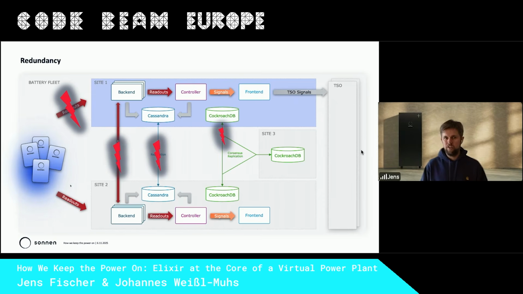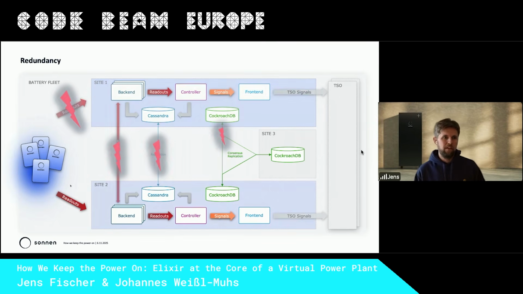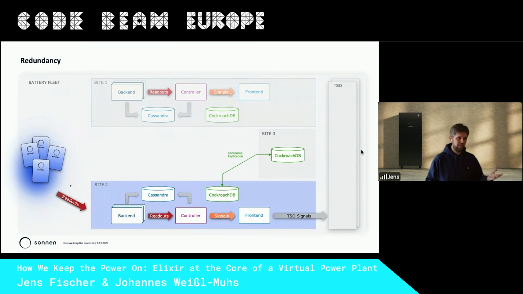The leader election, the lease algorithm cannot renew the lease anymore. And once the lease expires, side 1 will lose its leader status. The other side, side 2, is still connected to the majority partition of Cockroach.